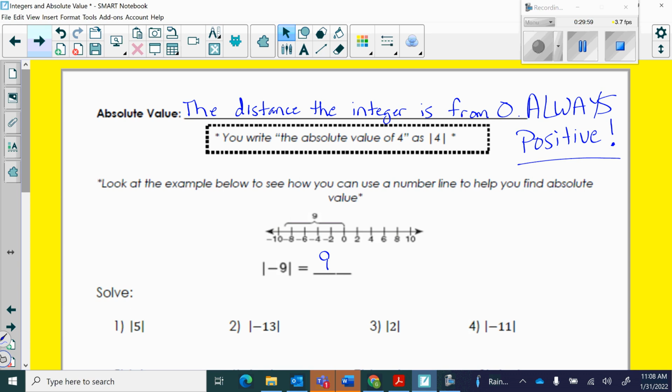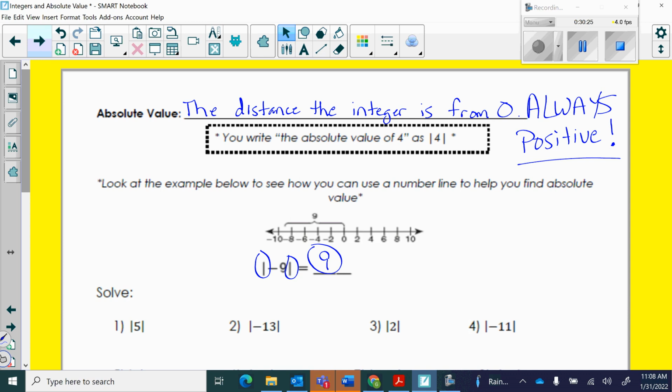We started with -9, but we don't count by negative units. We count by positive units, yes? So our absolute value will always be positive. These two bars mean absolute value. So anytime you see those two bars on the outside of a number, it means to find the absolute value. Got it?